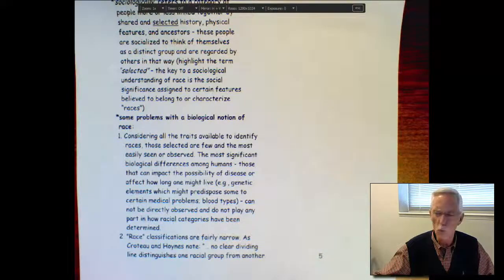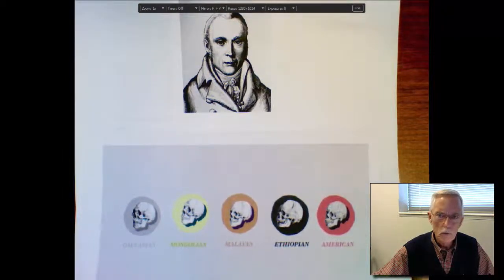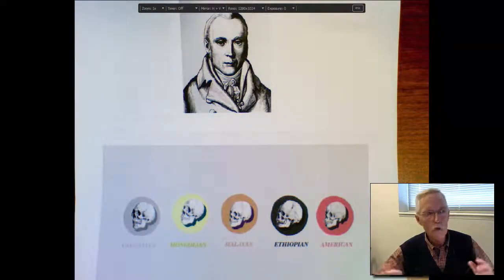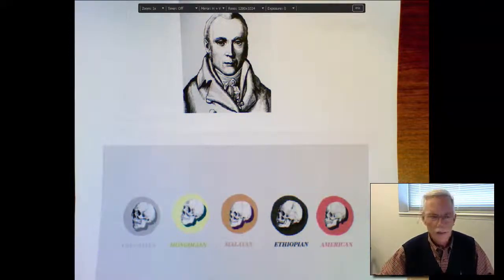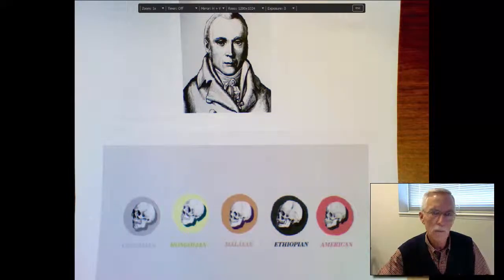One of the first real attempts at classifying race was undertaken by this gentleman, Johann Blumenbach. He classified humanity into one of 5 races, and he linked it to a great extent on, surprise, surprise, a highly visible physical trait, skin color.